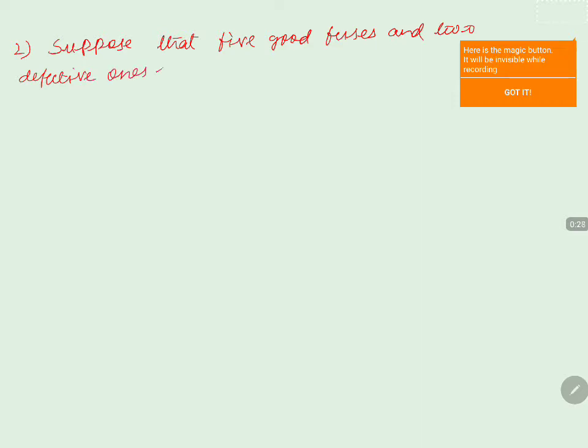Now the question is, suppose that five good fuses and two defective ones have been mixed up.